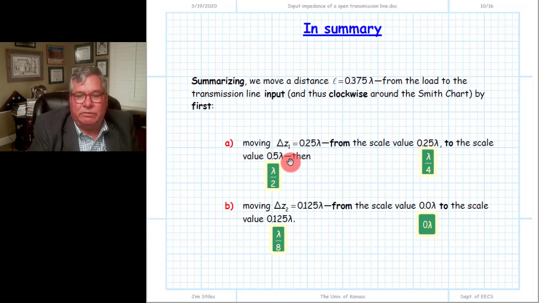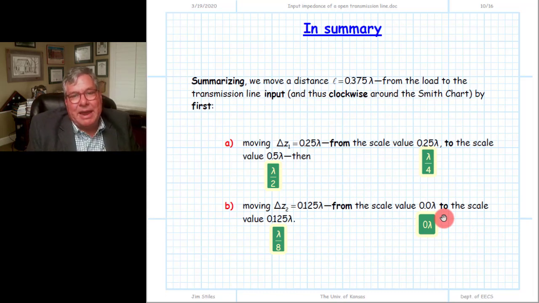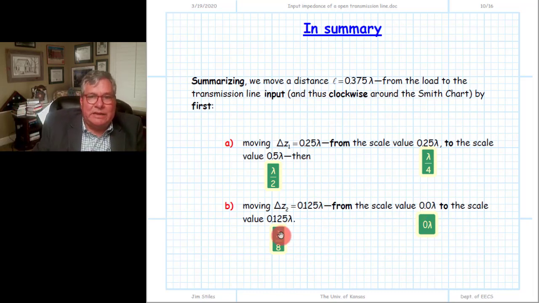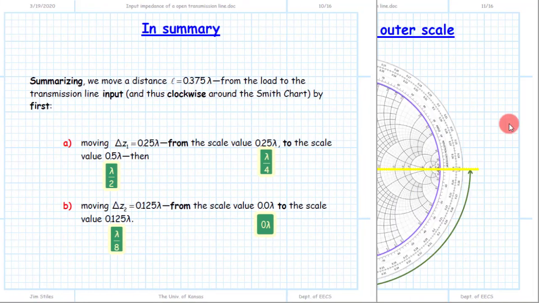And then we reset to a new value on the outer scale at that same location, 0, and then we move the remainder of the length back toward the input. The delta between what we moved the first time, 0.25, and the distance we need to move, 0.375, is 0.125. So we add 0 to 0.125, and that gives us the value of the outer scale where we need to stop, in this case 0.125 lambda.